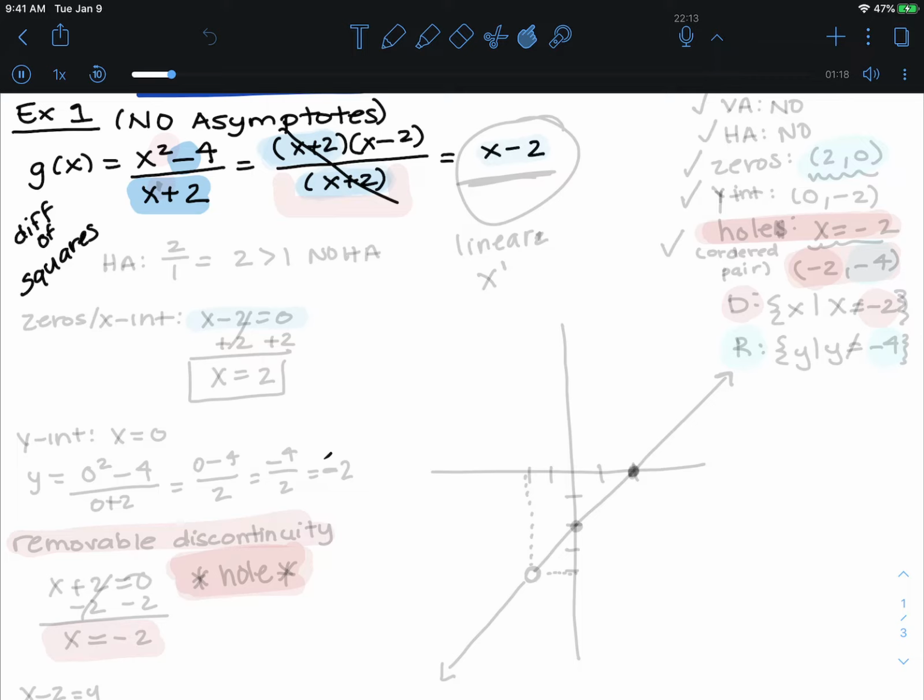Now here, do I have a vertical asymptote? The answer is no, because whatever I did have in the denominator right here got canceled out with this up here. So now I just have x minus 2. Now, do I have a horizontal asymptote?